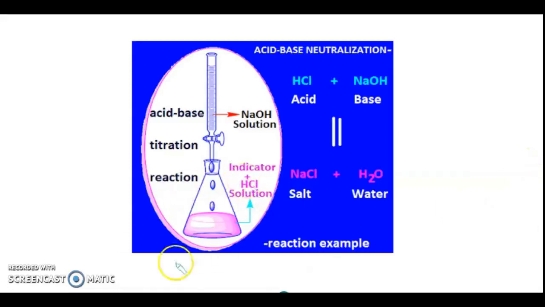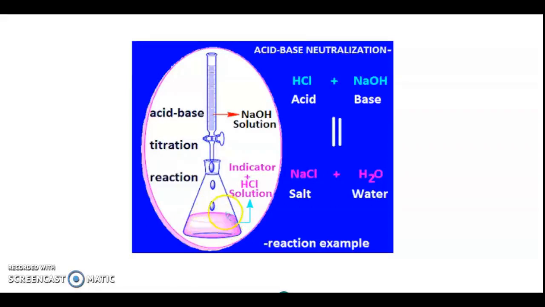Yes, here we take the acidic solution with the indicator in this conical flask, and in this burette you put the basic solution, and drop by drop you add the base into the solution.